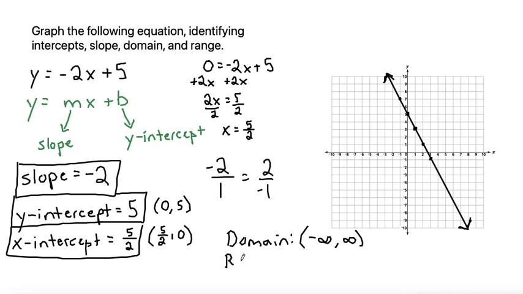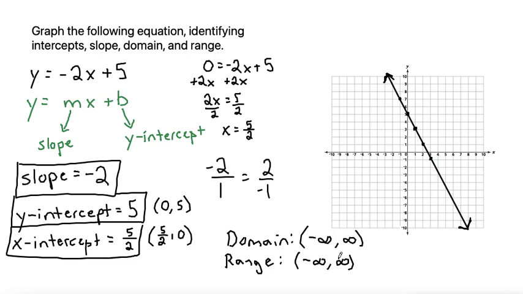And our range, because our arrows go up forever and down forever, is also negative infinity to positive infinity. Domain is only restricted if you have a value of x that makes the function not real. And since we don't have any x's in the denominator, we don't have any square roots or any other even roots or any other types of functions that could restrict the domain, we have all real numbers for our domain, or from negative infinity to positive infinity.